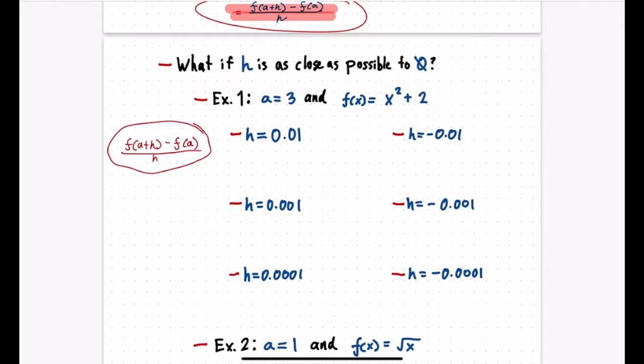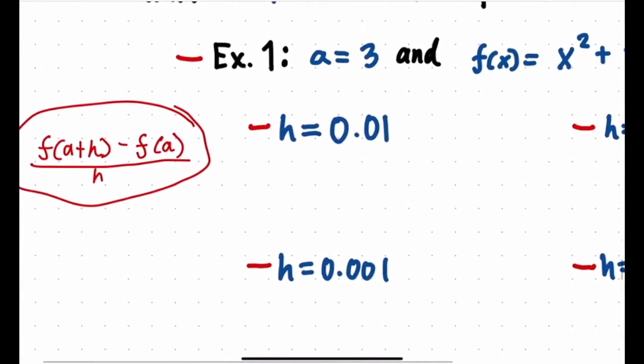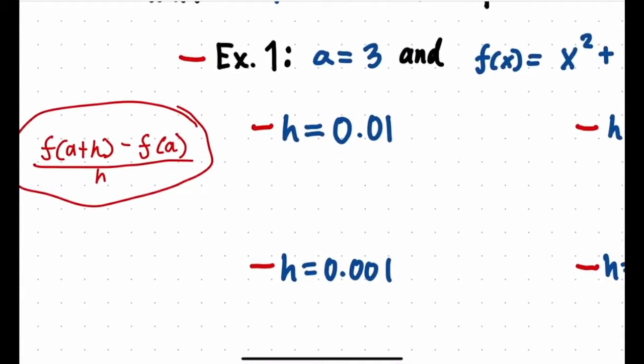So let's consider just a random example where I said a equals 3 and f of x is equal to just x squared plus 2. Just a random function, right? So let's consider that first one. So when h equals 0.01, then following this, we can just plug in what we have, right?